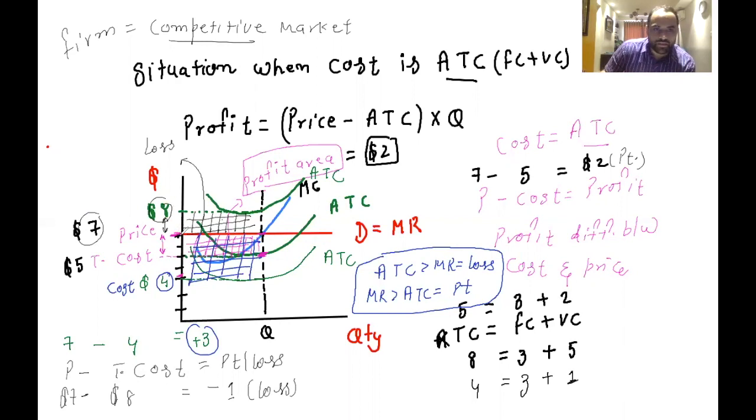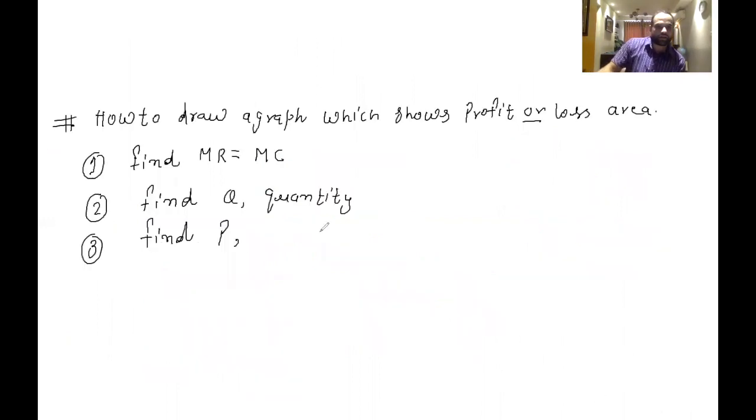So this is your P, price, which is like 1, 2, 3, 4, 5, 6, 7. So this is 7. 7 is the P, right? So you have to find P. P is a price, right?